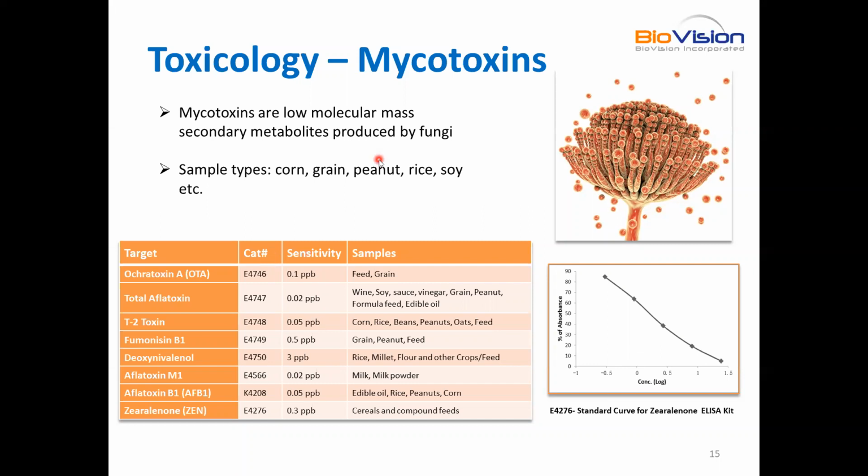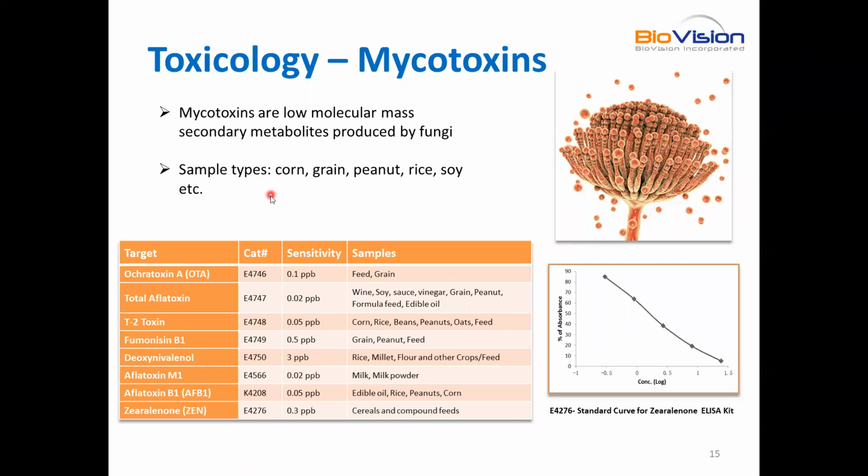These molds can grow on different types of foodstuffs like cereals, dry fruits, nuts, and spices. When these metabolites are ingested, inhaled, or absorbed through the skin, they can cause different kinds of diseases or death in humans or in animals.